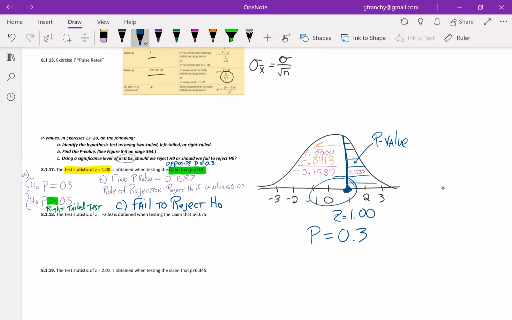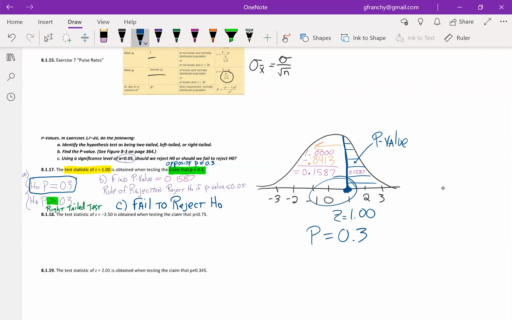We assumed that the null hypothesis was true, so we assumed that the true proportion was 0.3, and then we found the likelihood of getting our sample result or something more extreme. They did the computation for us and gave us the test statistic. We could use that and the tail of the test to figure out which area under the curve we need, and that's what we make the decision off of.